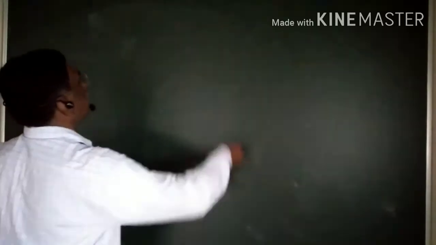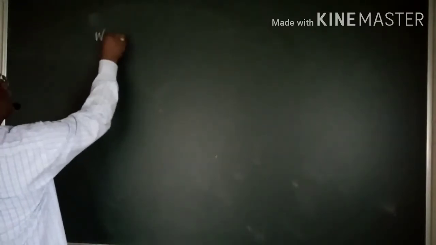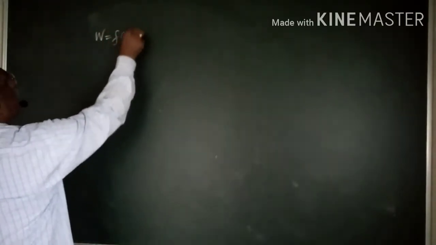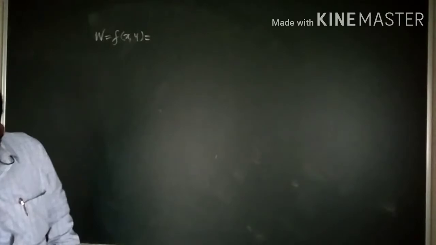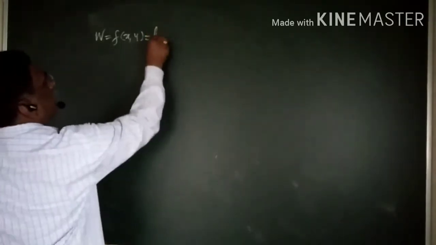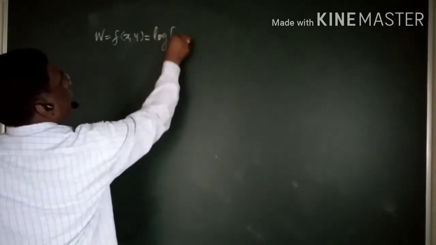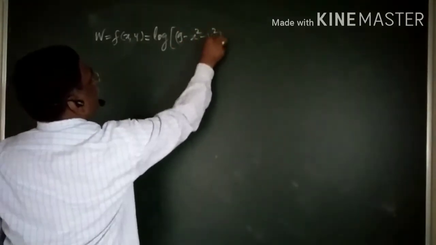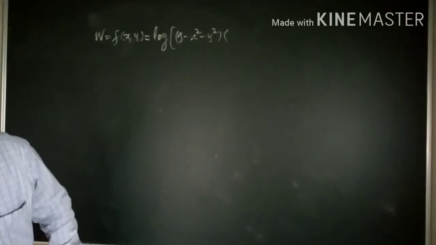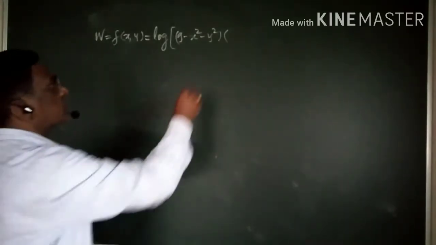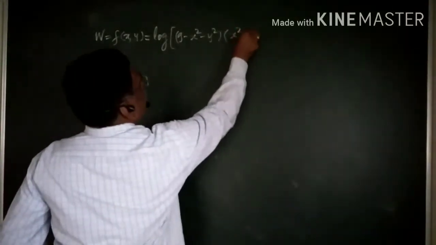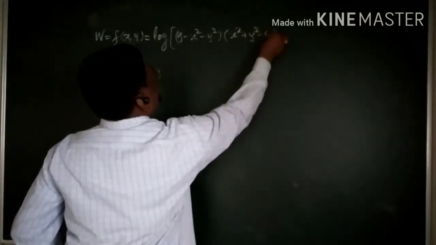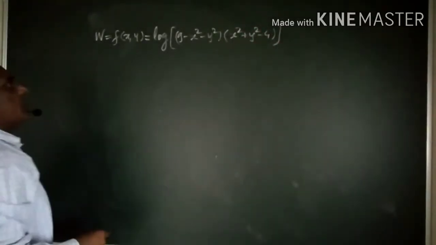Next example that we will have here is, say, W equals f of x, y, which is equal to ln of (9 minus x squared minus y squared) times (x squared plus y squared minus 4). This is what we have.